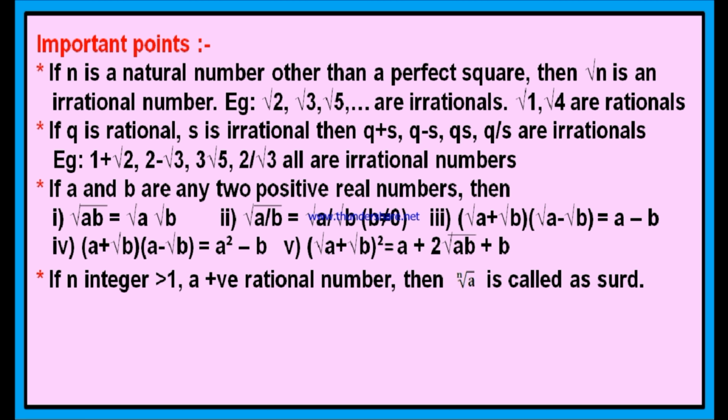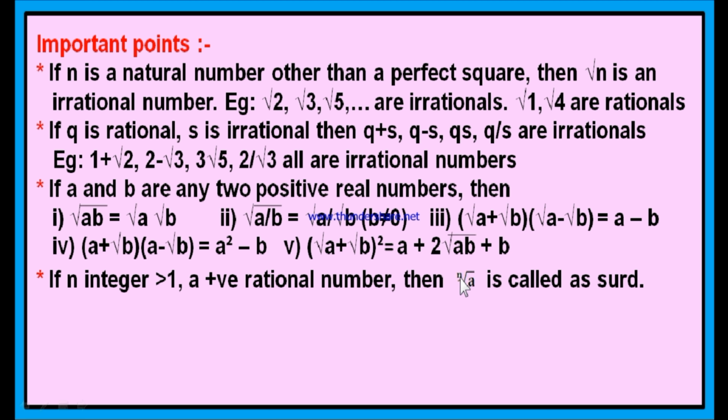Here n is an integer greater than 1 and the value of a is a positive rational number. Do you know what is a rational number? Good. A number in the form of p by q is a rational number. Means, if n is an integer greater than 1 and a is a positive rational number, then nth root a is called as surd.